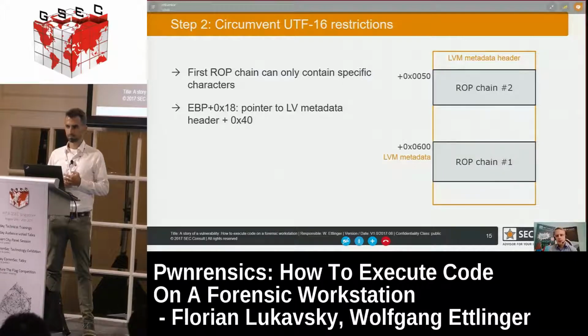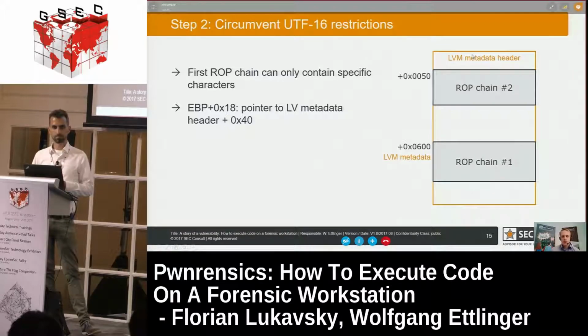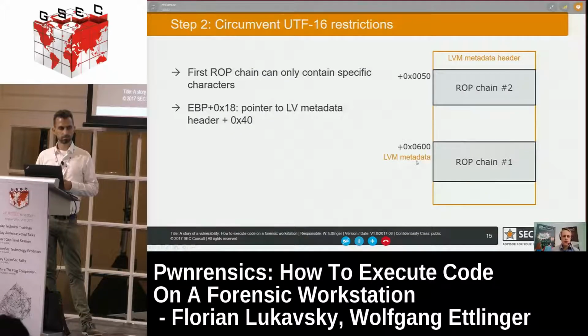As it turns out, EnCase Forensic Imager doesn't read this metadata file directly from disk, but instead it loads several sectors from the disk, this metadata header, into memory before copying this metadata into this UTF-16 encoded buffer.